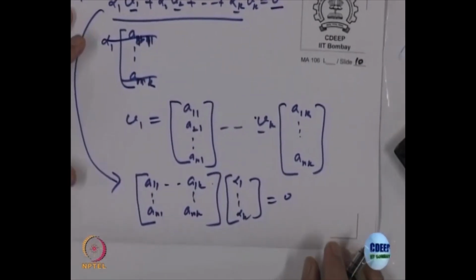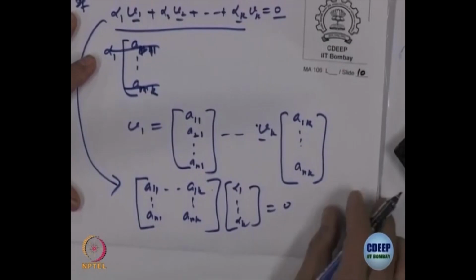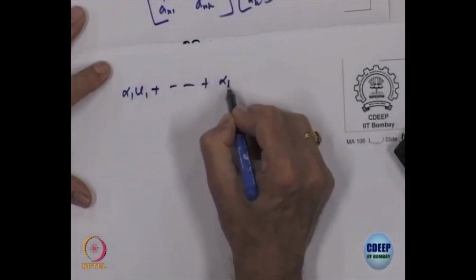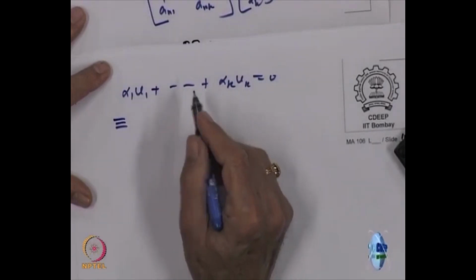Now, how many equations are here? n equations in k variables. So alpha 1 V 1 plus ... alpha k V k equal to 0 is equivalent to giving a system of equations.